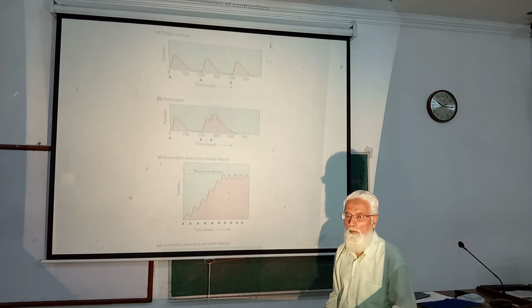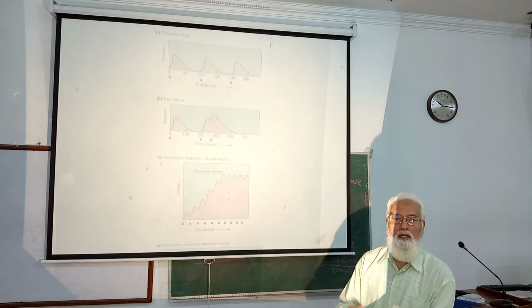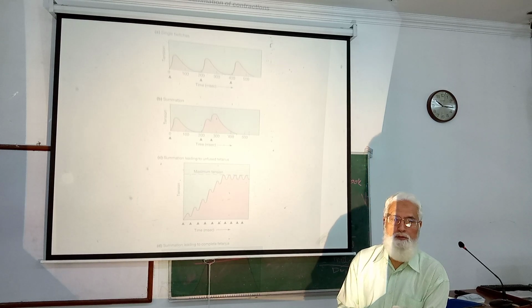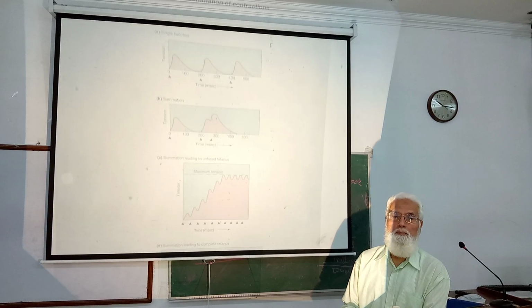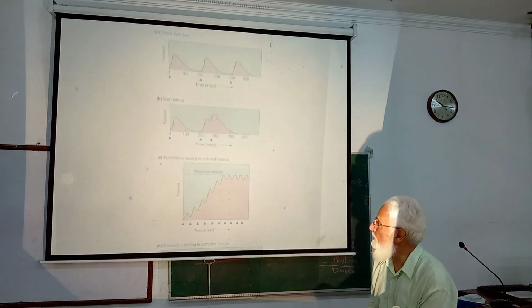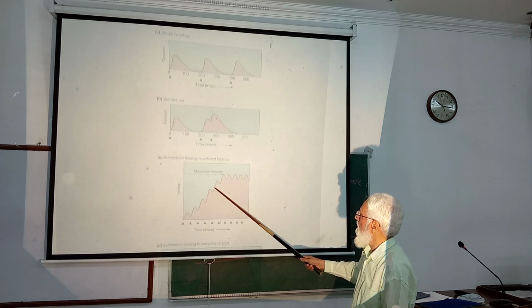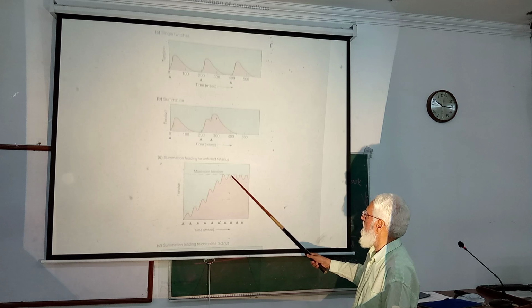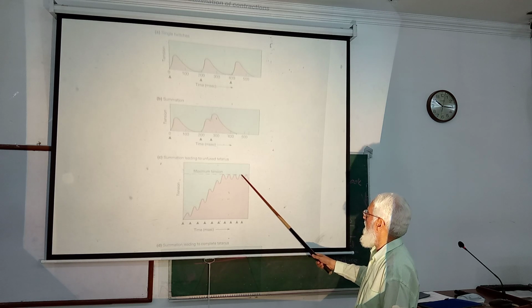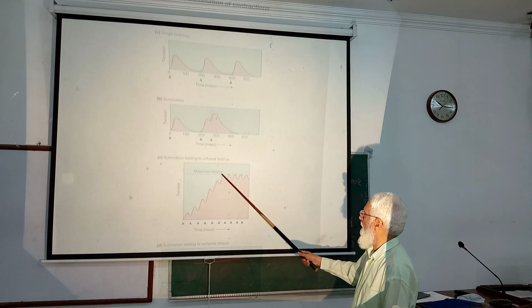So when the muscle is stimulated at a frequency below the tetanizing frequency, there is a progressive increase in the muscle tension till the muscle tension becomes constant, uniform. Right? It shows a plateau.